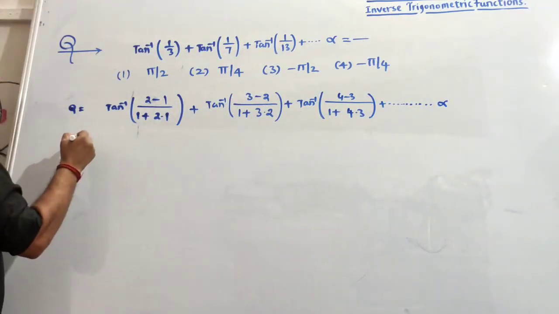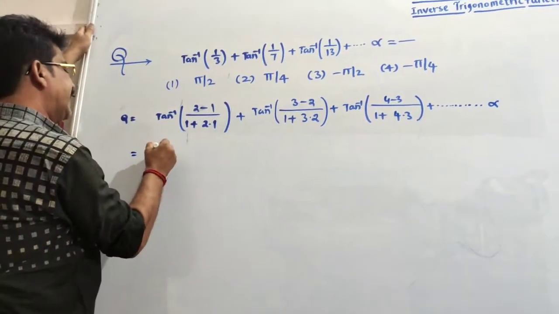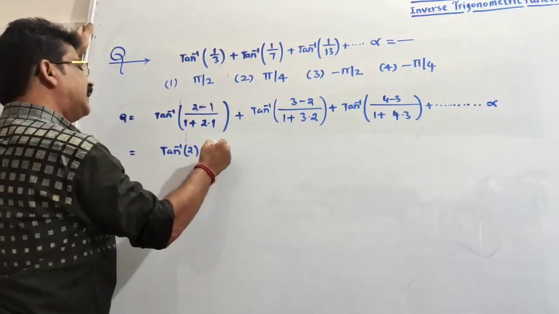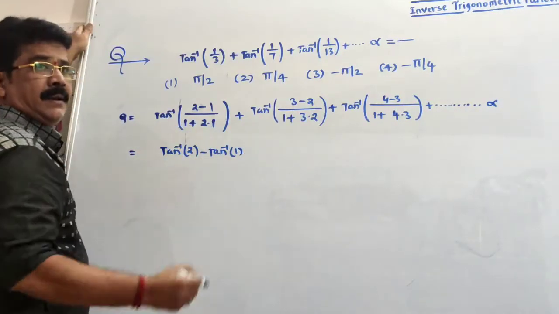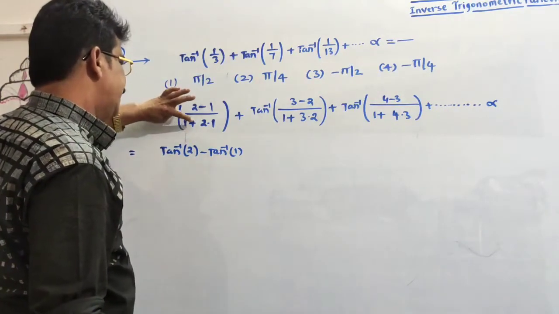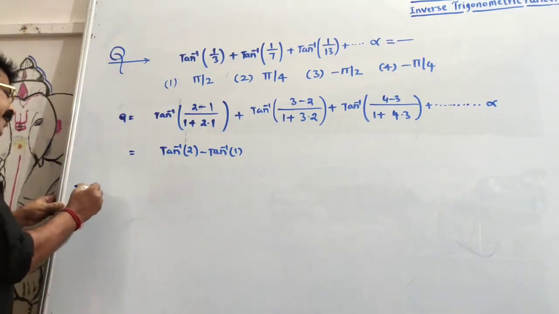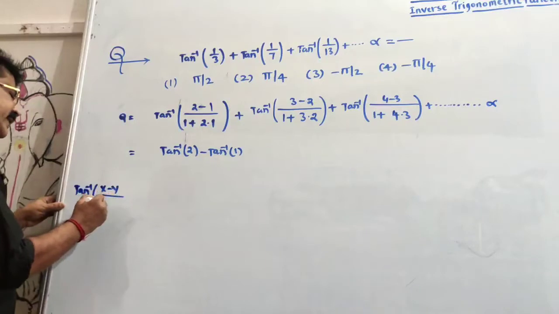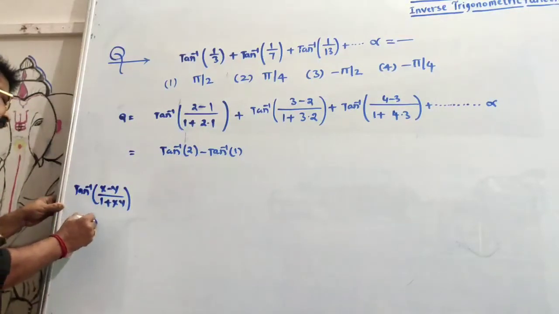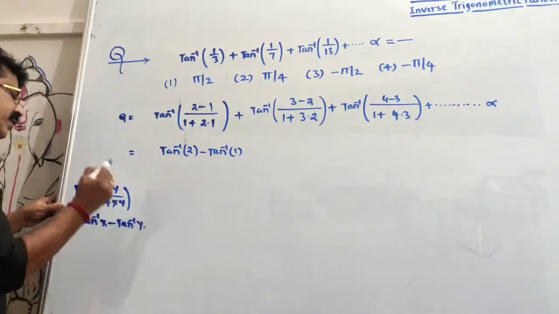So that equals, it can be written easily as tan inverse of 2 minus tan inverse of 1, since tan inverse of x minus y divided by 1 plus xy is tan inverse of x minus tan inverse of y.